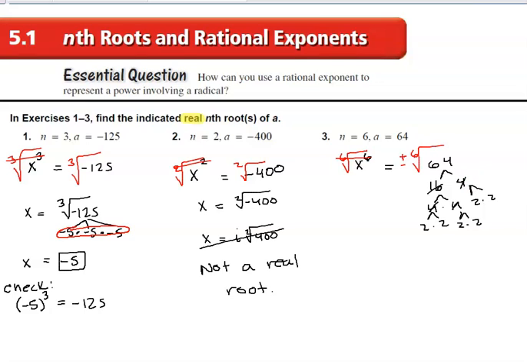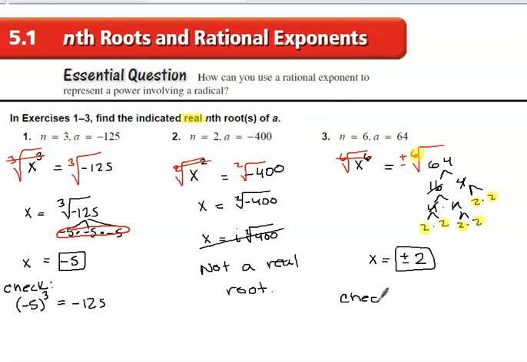So when I break down my 64, I see 1, 2, 3, 4, 5, 6 2s. And that's exactly what we're looking for. 6 of the same number that multiply to give us 64. So the sixth root of 64 is just 2. We do have positive or negative in front, so our roots here are positive and negative 2.